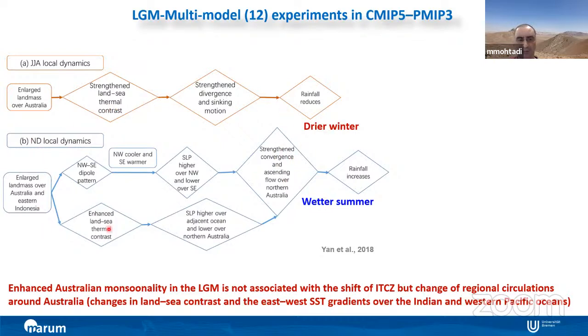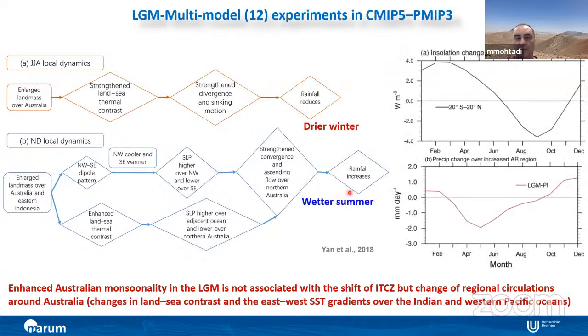Different or in part similar processes lead to this, but by now our state-of-the-art understanding of the monsoon of Indonesia is a stronger seasonality during the last glacial maximum, which is not really related to the changes in the insolation. In part, but not completely controlled by insolation changes. And this is simply because of the regional character of this system.